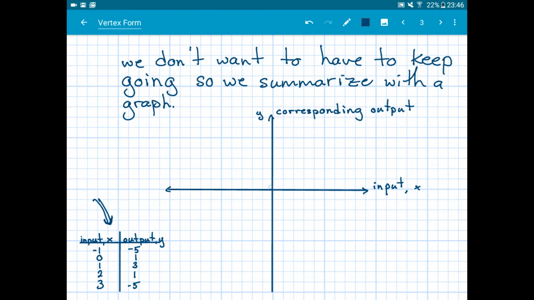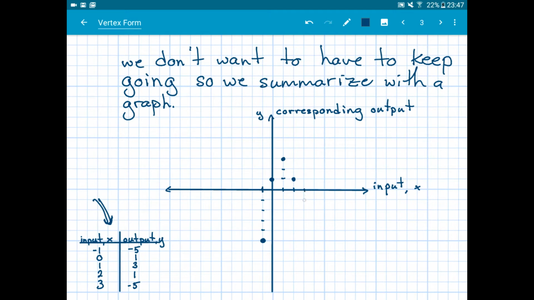So let's put on these points, -1 and -5. So -1, and then 1, 2, 3, 4, 5. There's our first point. Then 0, 1. There's our second point. Then 1, 3. Then 2, 1.